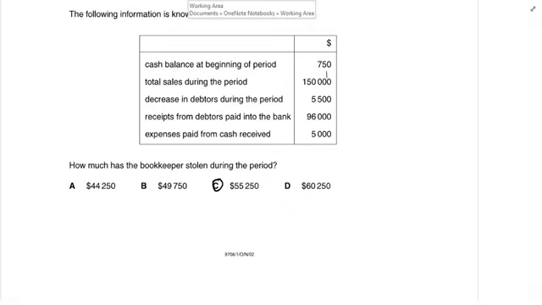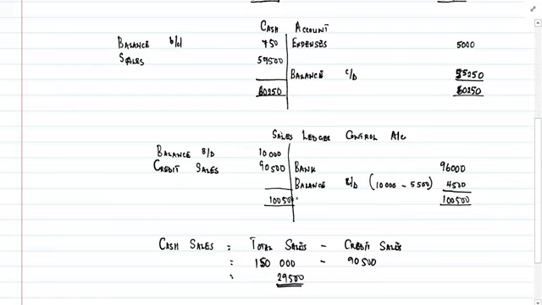So let me just explain something. Remember, this is a hypothetical figure. You just have to think of this figure. If you don't know, if there is a decrease in trade receivables, it would mean that the amount that was on the debit side is greater. So you would put 5,500 on the debit.